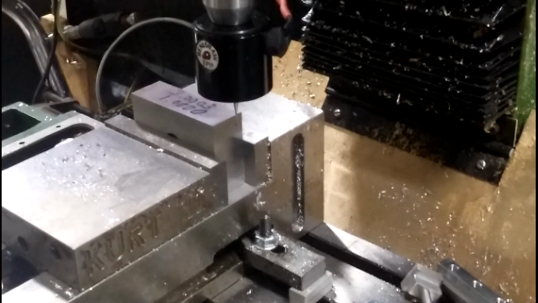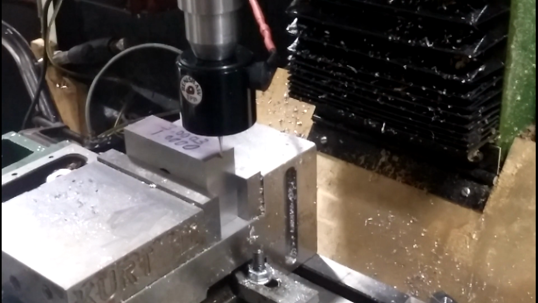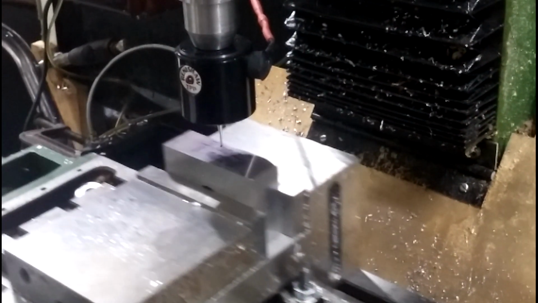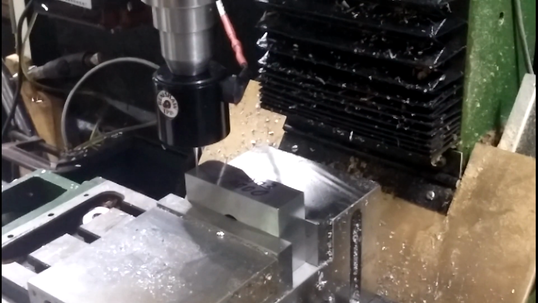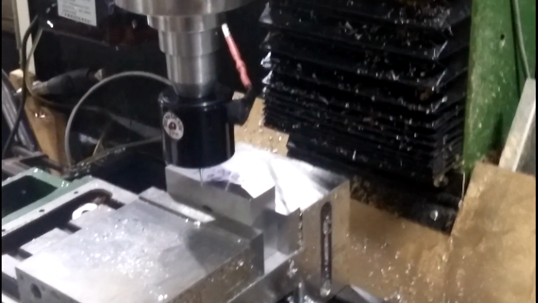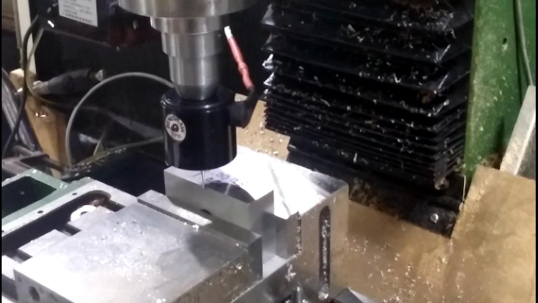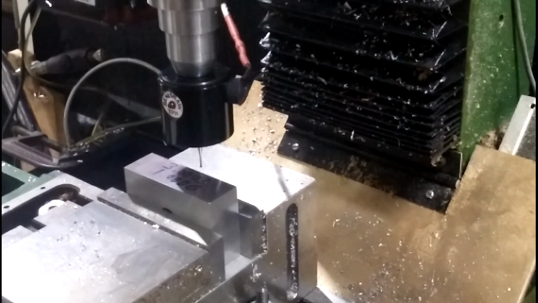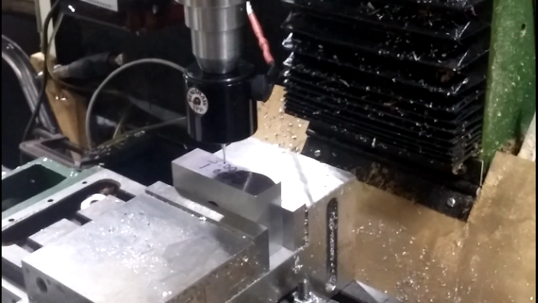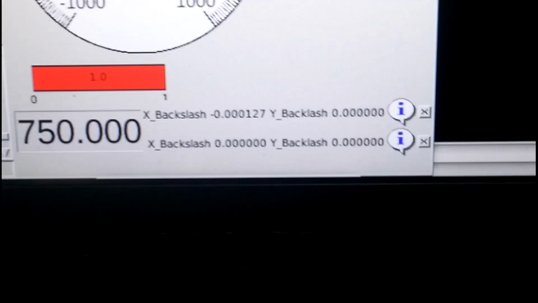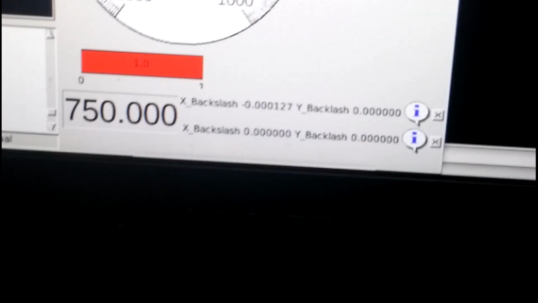Let's see if we get the same numbers. I mean, we're talking splitting hairs here as far as tenths. And yeah, so now we're 0 backlash X and Y. So I think that's about as good as you can expect with this machine.